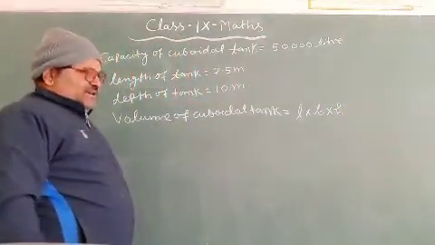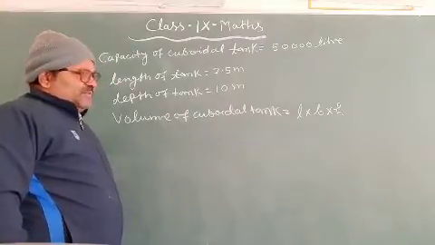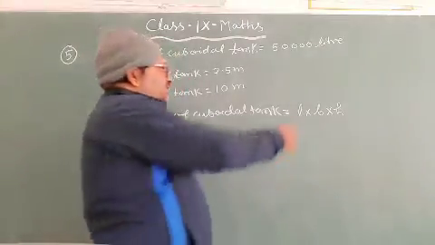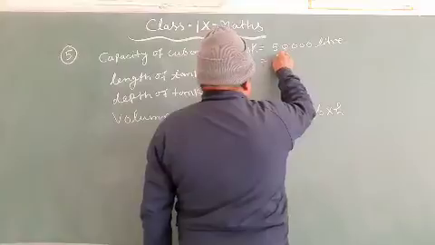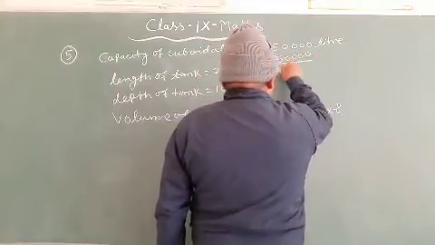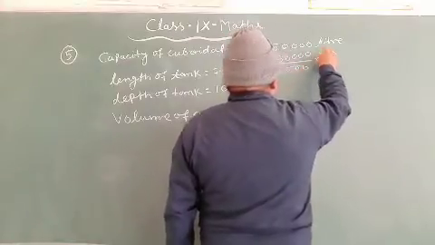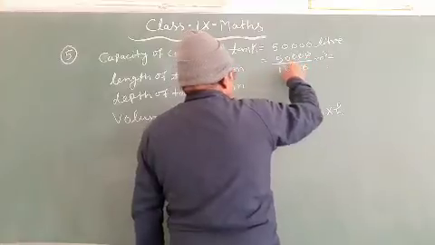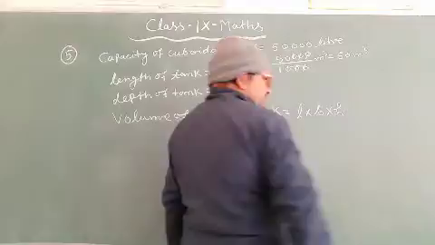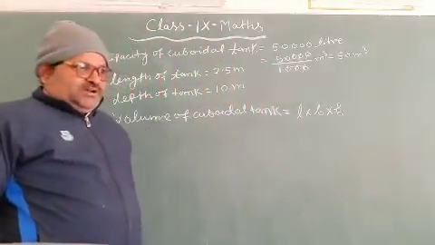Now first, the capacity of the cuboidal tank is 50,000 liter. We first convert the liter into meter cube. We divide by 1000 to get meter cube, that is equal to 50 meter cube. 50 meter cube is the volume of the cuboidal tank.